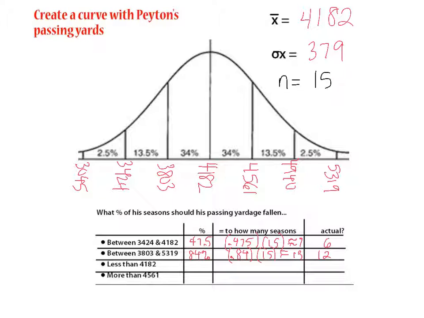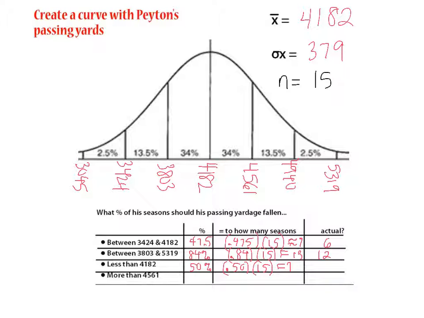All right, let's try a little bit more. What percent would be less than 4182? Well, gosh, that's right down the middle. What percent is less than that? That'd be 50%. Now that's 50% of his seasons, and he had 15 seasons, so it's 50% of 15. We don't need a calculator for that.